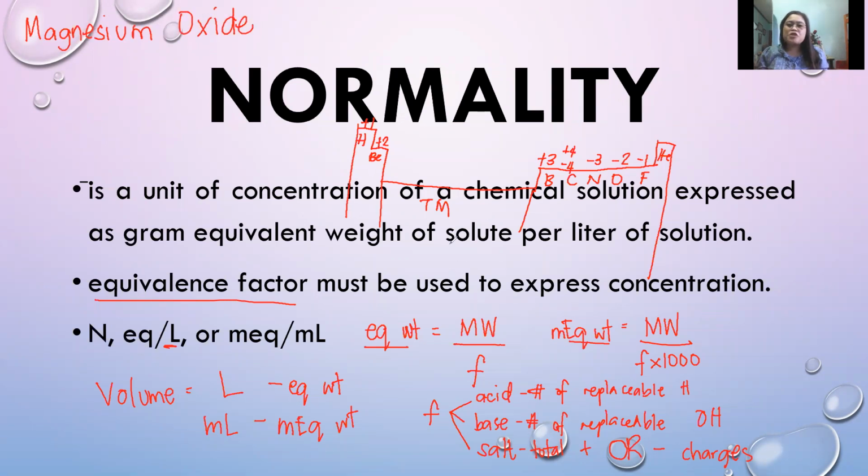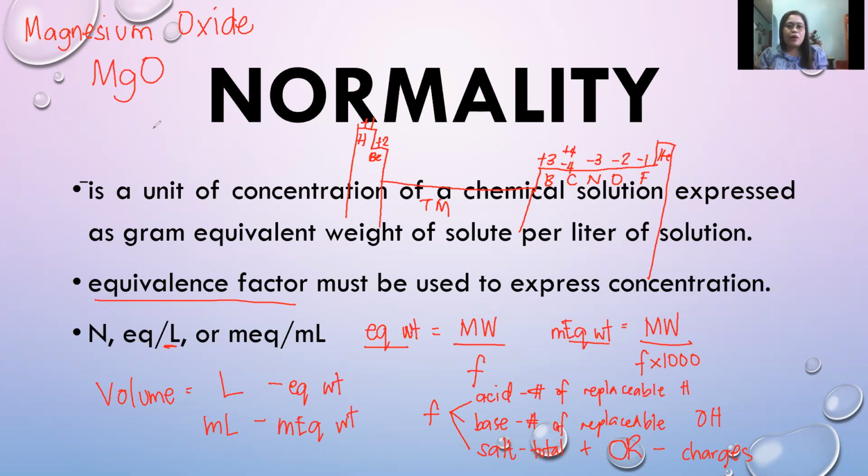Ayan, magnesium oxide class. If you write the chemical formula for magnesium oxide, it's MgO. Again, it's MgO. So, looking at the formula, you can conclude that this one is a salt. Wala siya'y hydrogen, wala siya'y OH, so automatic salt siya.